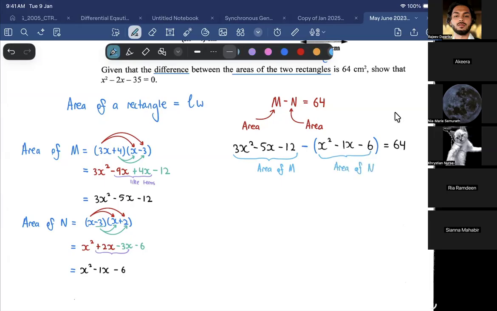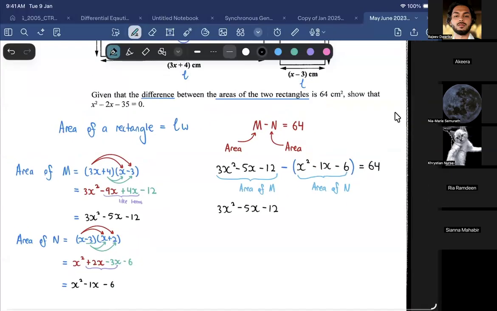Okay, so let's continue. All you see me put in brackets. But why did I put in brackets there? What's gonna happen next? So would you factorize? Nah, not gonna factorize.